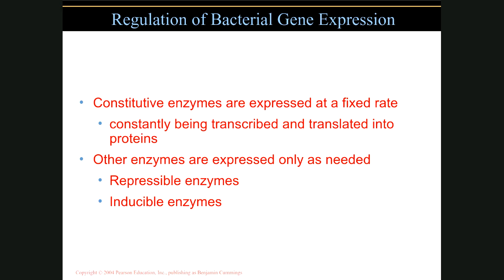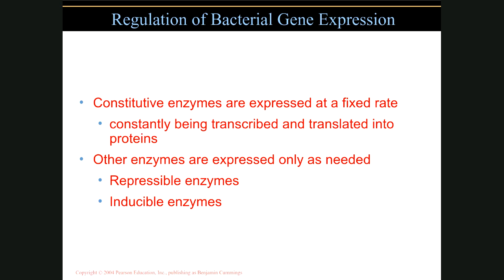So bacteria need to be able to turn certain genes on when they're needed and turn them off when they're not needed. And so bacteria need a way to regulate their gene expression, because if every gene is turned on and being transcribed and translated and making proteins and enzymes, if they're not needed, that wastes energy. So bacteria cannot afford to be wasteful.